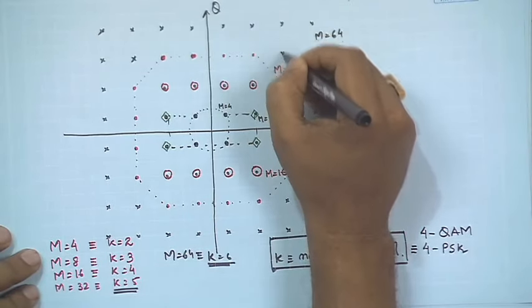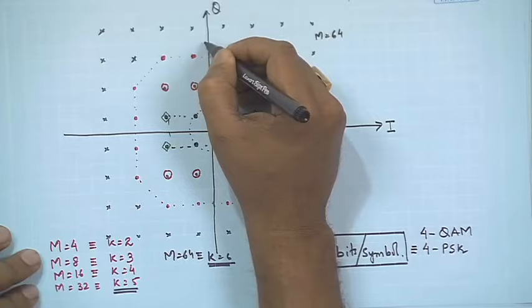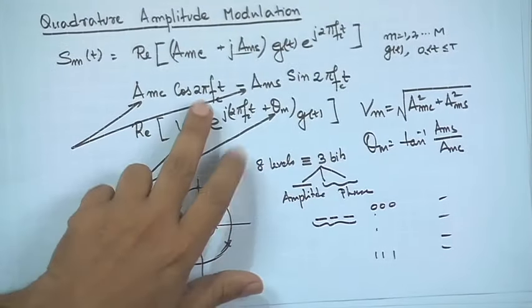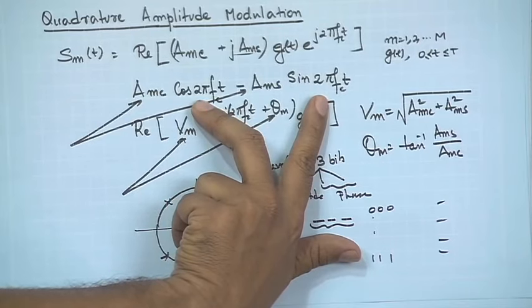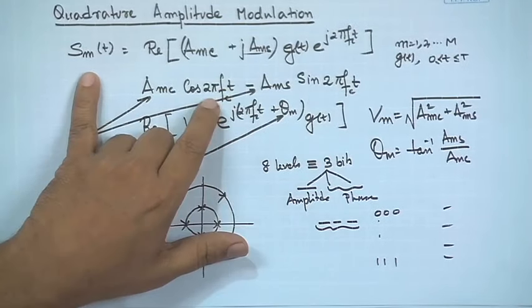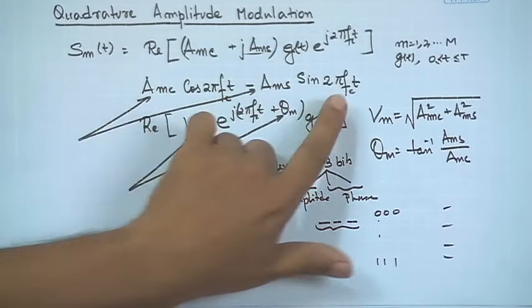Any point can be projected onto these two, and going by the signal constellation or signal model, these are the two basis functions which we described earlier. Any signal can have components on the cosine and the sine, so we have been dealing with two dimensional signals.